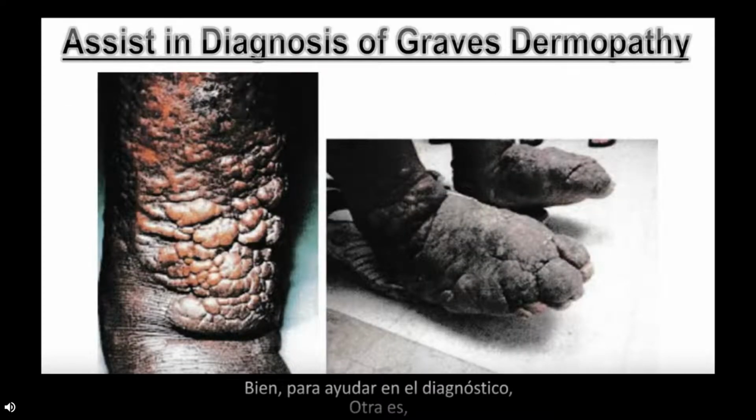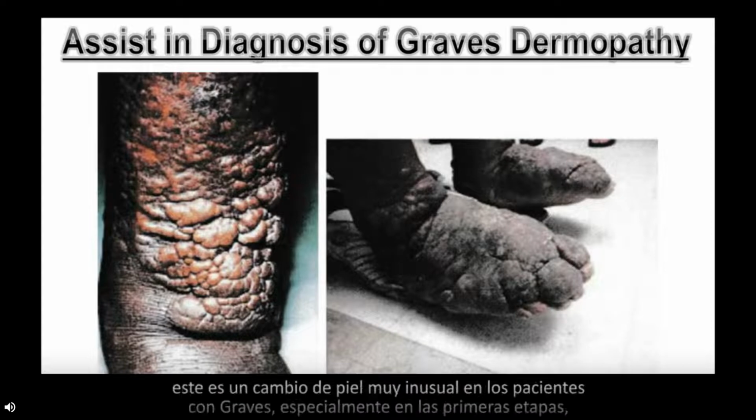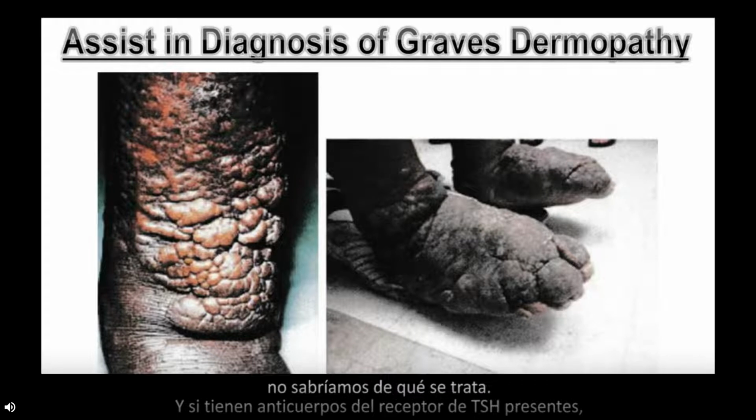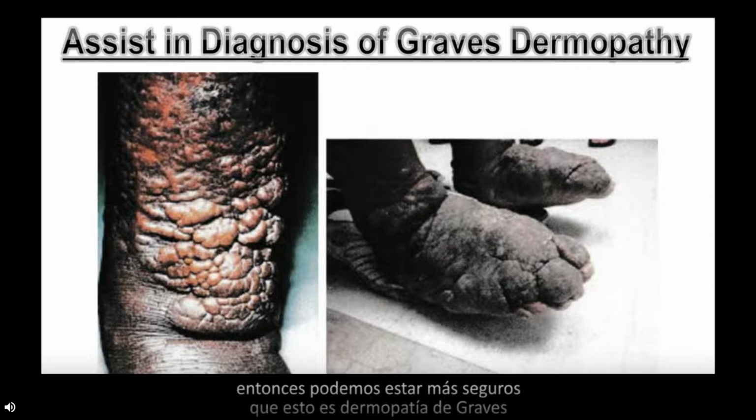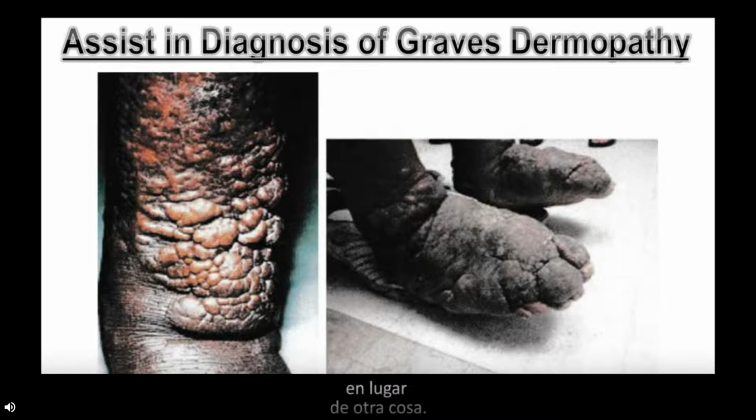Okay, to assist in diagnosis, another one is this very unusual skin change in patients with Graves. Especially in the early stages, we would not know what it is, and if they have got TSH receptor antibodies present, then we can be more confident that this is Graves' dermopathy rather than something else.